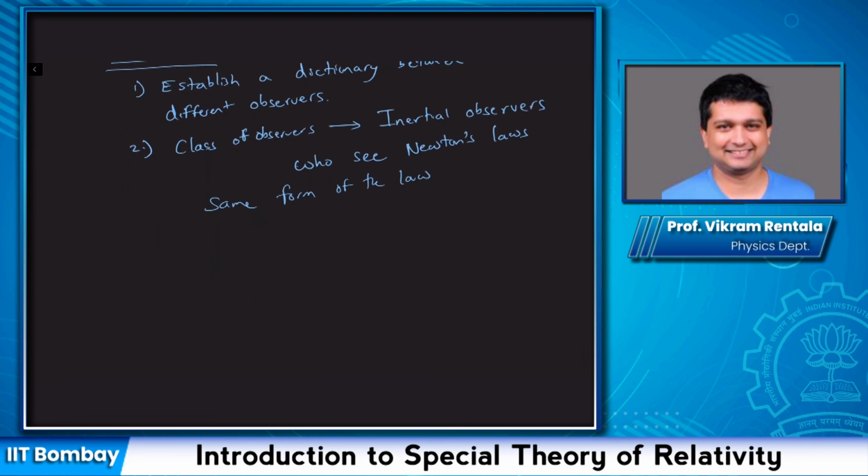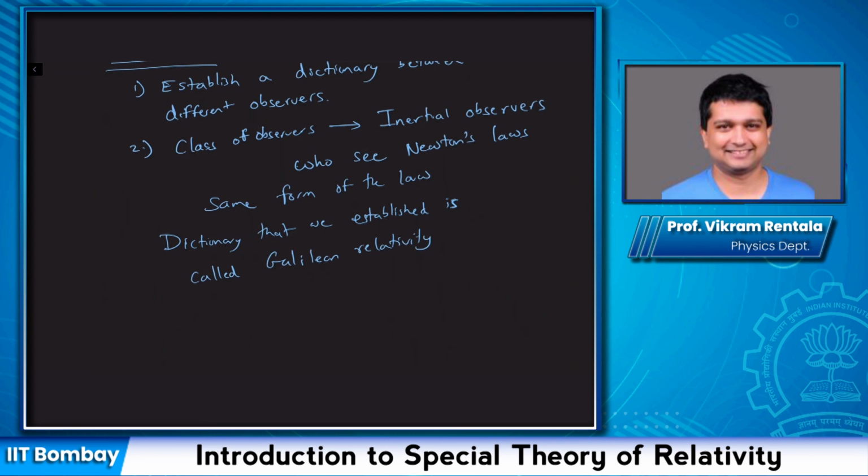The dictionary that we have established is called Galilean Relativity. Okay, it's a relativity principle that goes to Galileo.